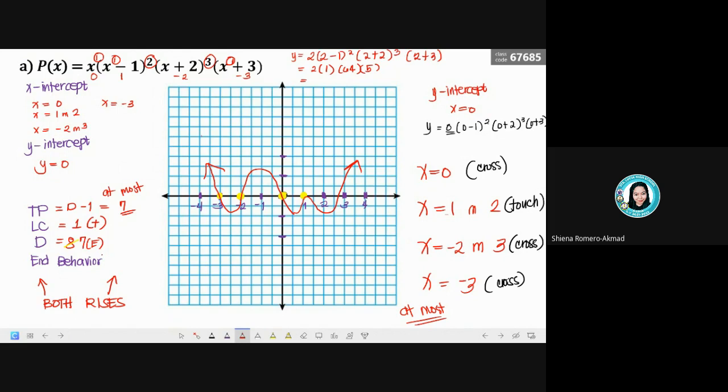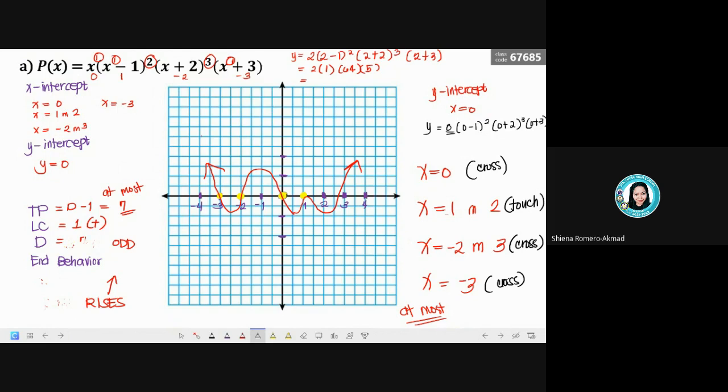Kapag 7 yan, odd. So, kung odd, positive tapos odd, hindi siya both rises. Dapat yung isa ay, paano ko ito makikita? Hindi siya both rises. Okay, let's erase. Tong part na to. Erase natin yan.